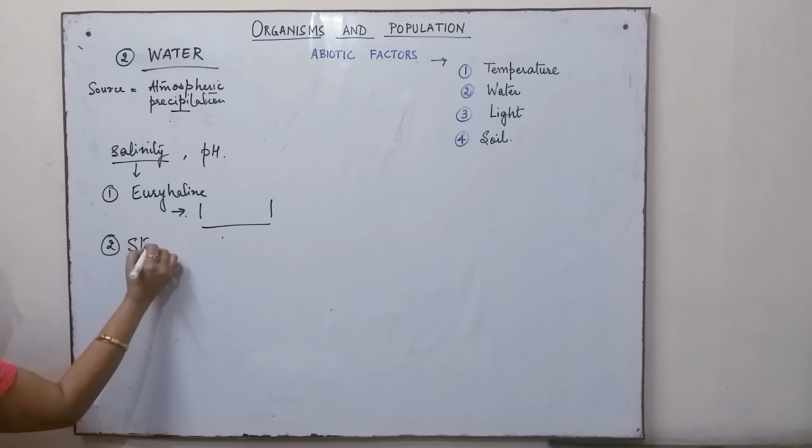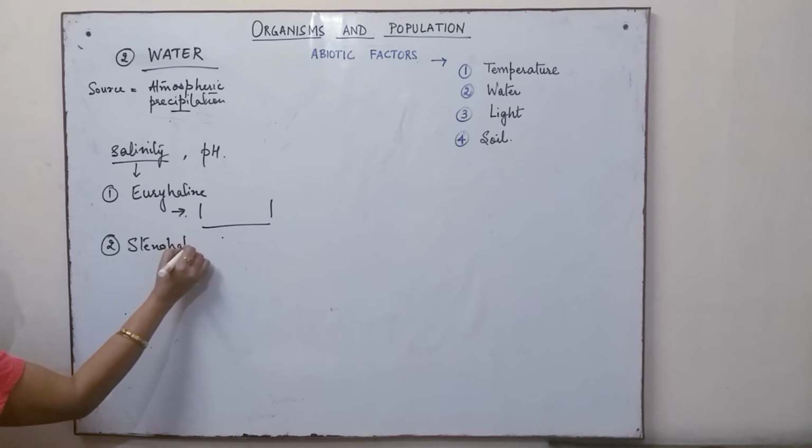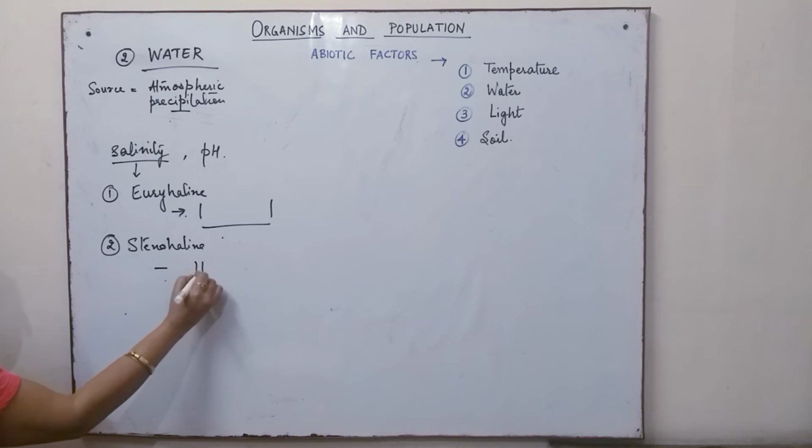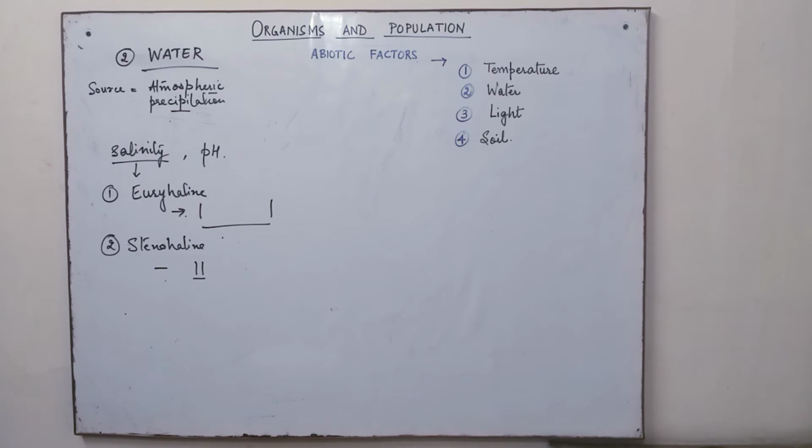Whereas stenohaline are the organisms that have a narrow range within which they can survive, and they will be able to thrive in that particular habitat. The reason why salinity is considered important is that freshwater has very low salinity.